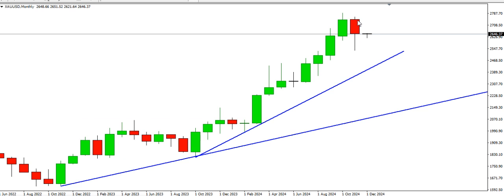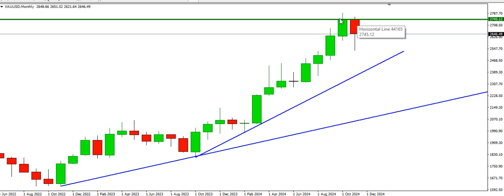So it's likely price might go up to test the open price of the previous month, which coincides with the closing price of the month before. So we might see price get to the 2745 area. That is a possibility.